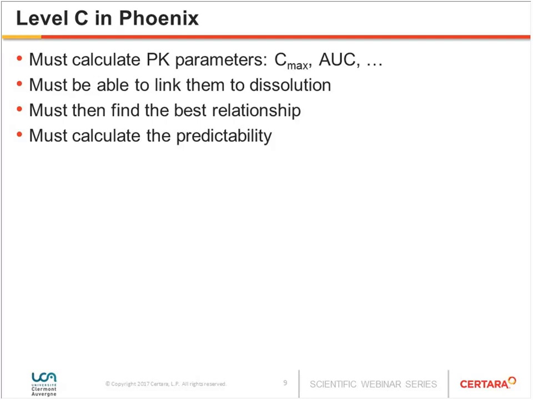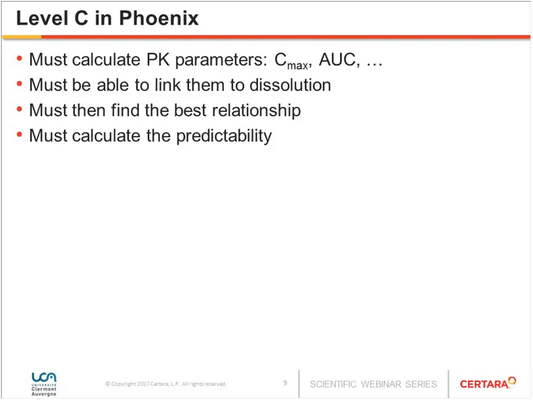So, if you want to perform level C IVIVC in Phoenix, you must calculate PK parameters like Cmax for the rate, AUC for the extent, and any other type of parameter. For example, for antibiotics or for some antiparasitic drugs, the time over the minimum inhibitory concentrations can be a very important factor.